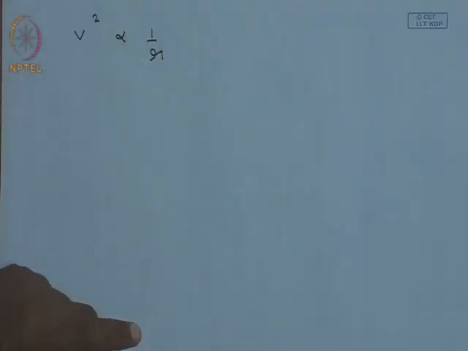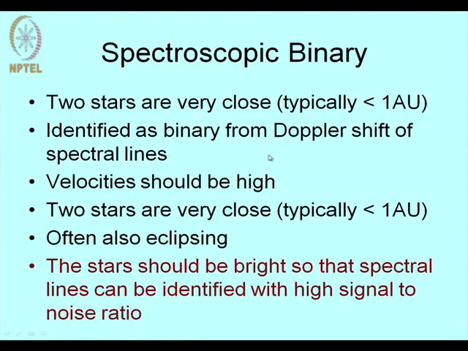So, you would like the velocity to be large, so the radius, the separation between the orbit between the two stars has to be small. So, the Doppler shifts of the two stars should be discernible. Further, the stars should be bright so that the spectral lines can be measured with a high signal to noise ratio.